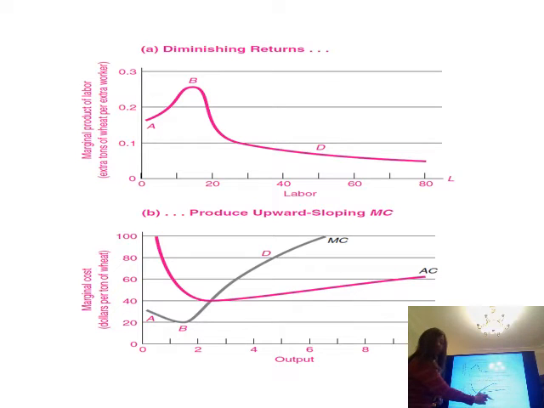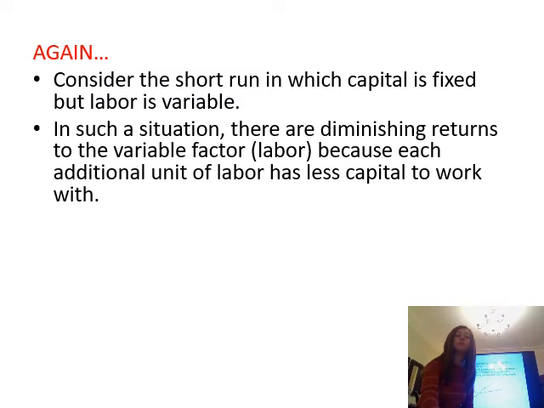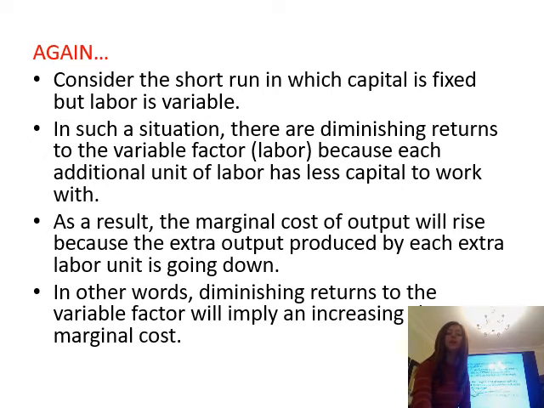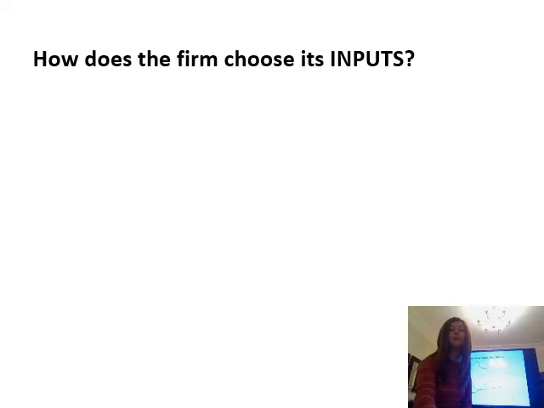Marginal above average, average is rising or increasing. This is exactly the explanation that we were just giving. You can read it from the slide. As we said, the law of diminishing marginal returns implies that the marginal cost is increasing.